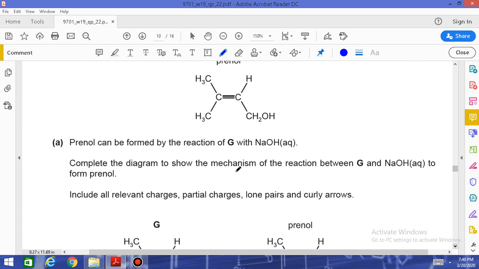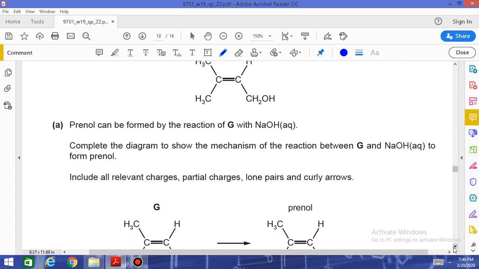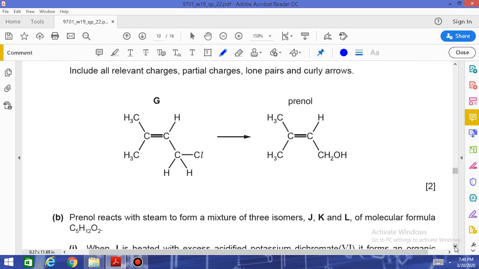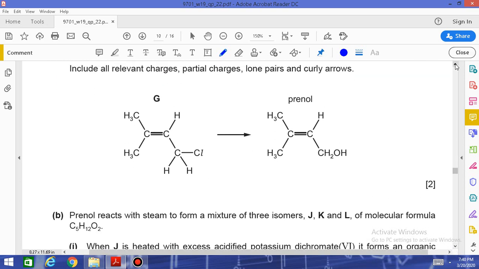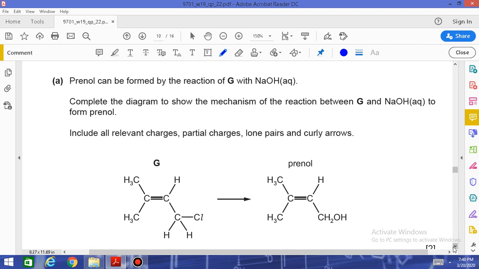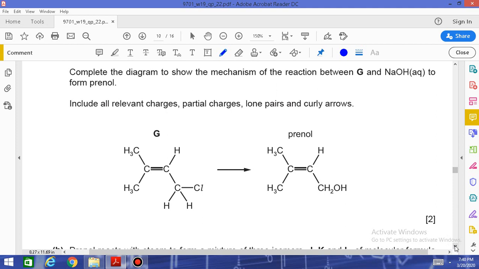Complete a diagram to show the mechanism of the reaction between G and aqueous sodium hydroxide to form prenol. Okay, so you have to include all relevant charges, partial charges, lone pairs, and curly arrows.